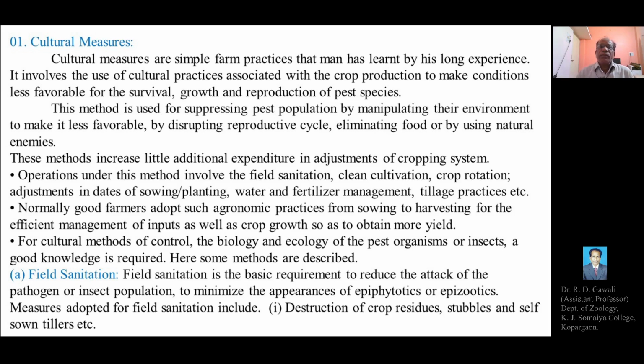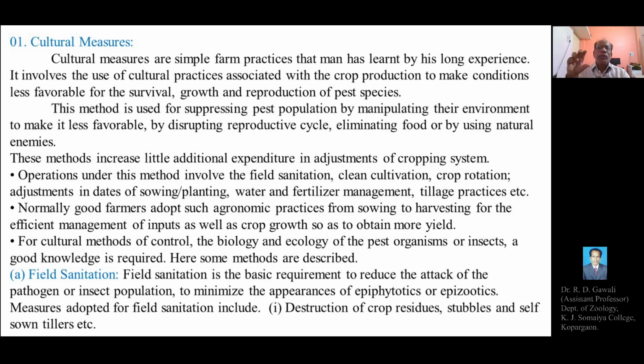Operations under this method involve field sanitation, clean cultivation, crop rotation, adjustments in dates of sowing or planting, water and fertilizer management, tillage practices or ploughing practices, etc. So these are the different cultural practices: field sanitation, clean cultivation, crop rotation, planning of the dates of sowing and planting, water and fertilizer management, and intercultural practices or tillage operations in the field.